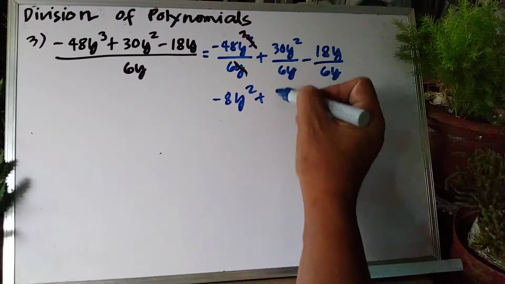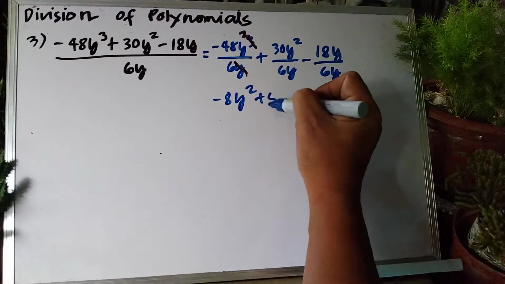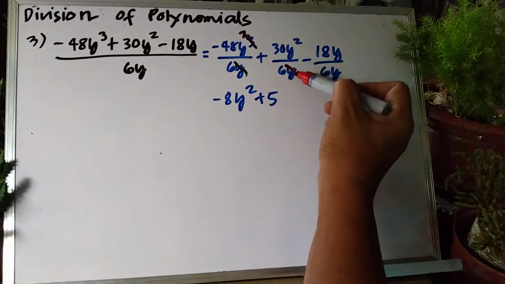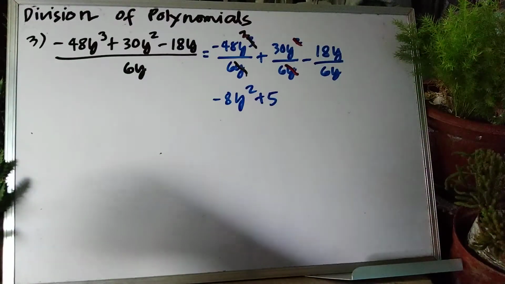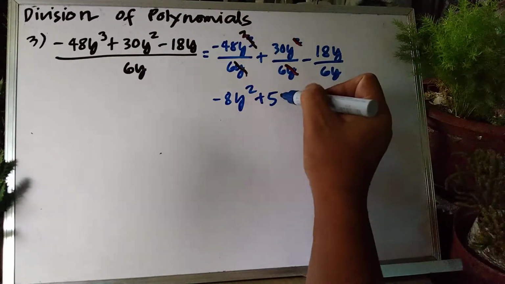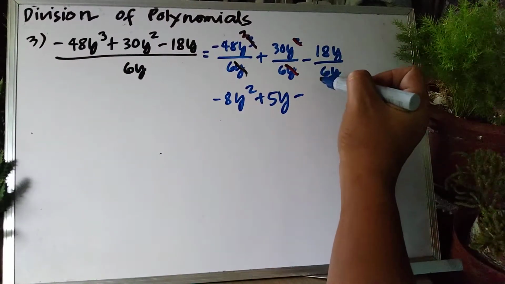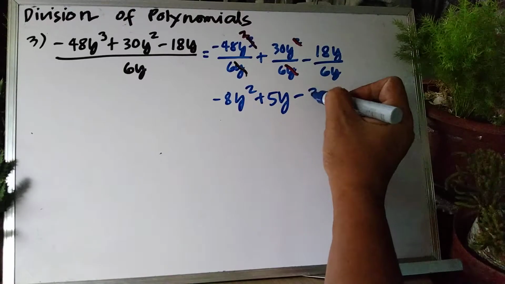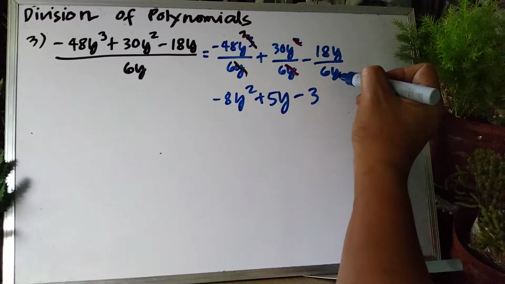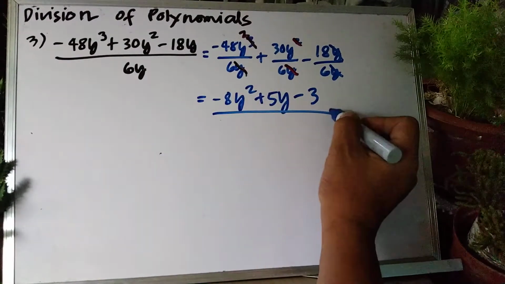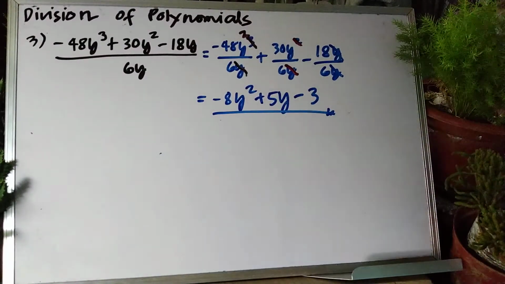You copy plus. 30 divided by 6 is 5. Then, look at y, makancel dyan na to, y na lang siya dyan sa ibabaw. You have y. Then, copy minus 18 divided by 6. You have 3. Then, y divided by y is 1, so makancel na to. That's it. This is your answer: negative 8y squared plus 5y minus 3.